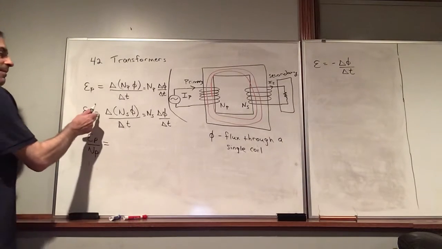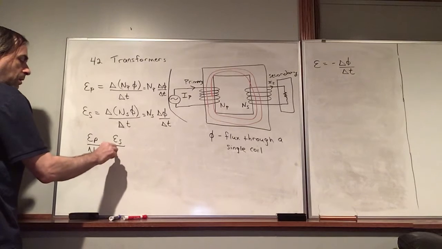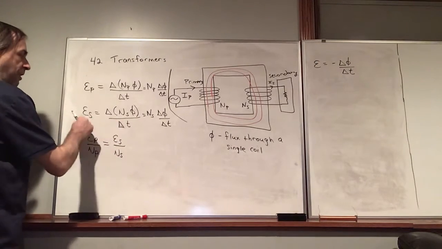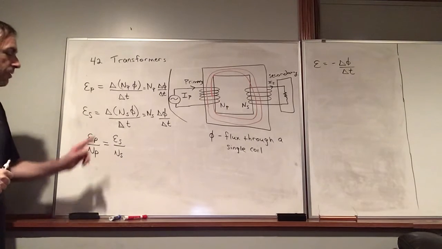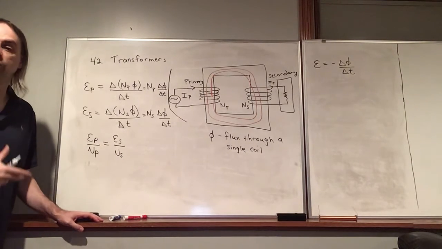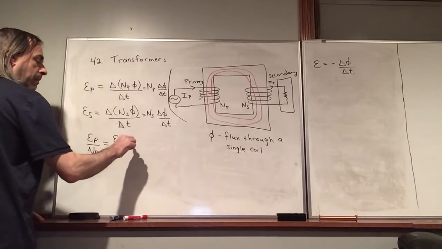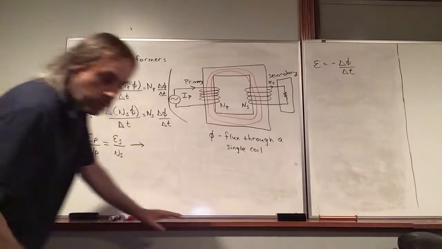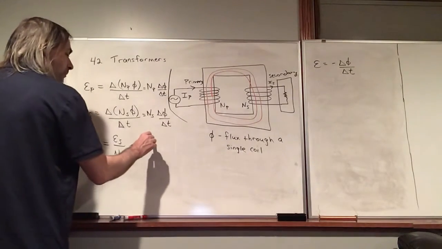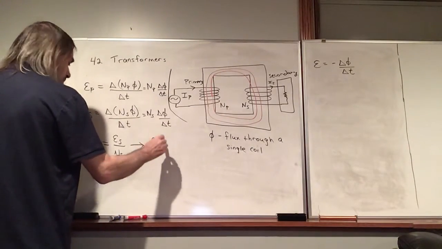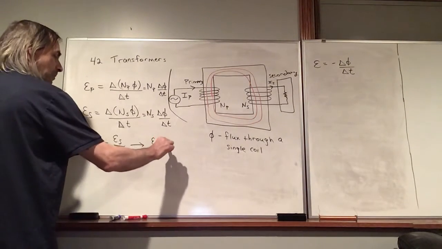Now if we do the same thing for the secondary coil, if we divide by NS, we get the exact same thing, and so these two things have to be equal to each other. And we can rewrite this. I want to write it the way it is in the notes. So again, you can write it either way.